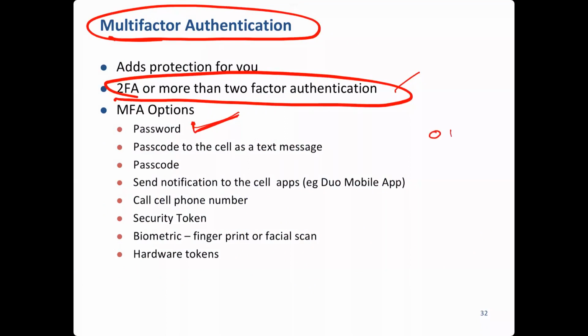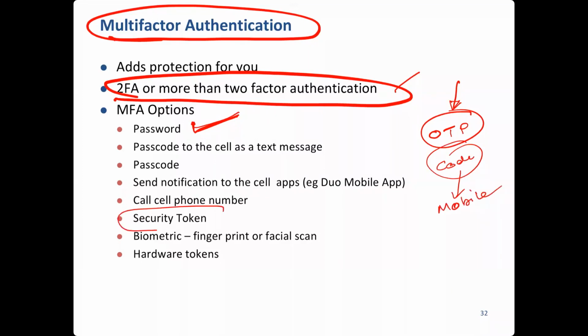It could be an OTP that you receive, so that person will not be able to get the OTP in most cases, right? Or it could be a code that comes to some app on your mobile, some security token. Okay, as a second factor, you can also get a phone call.